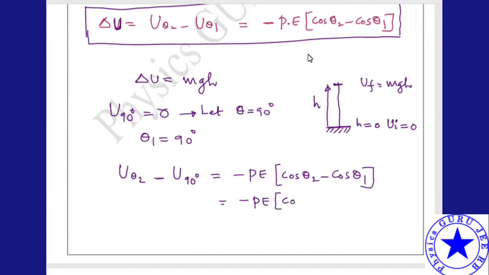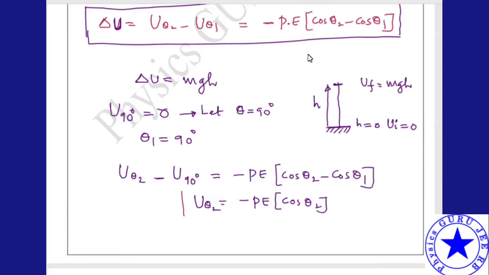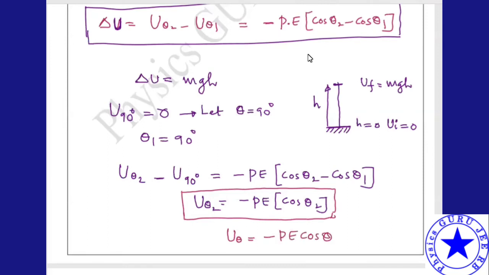So this is the potential at cos 90, which is assumed to be 0. Now the potential energy at a particular angle, or simply the potential energy when rotated through an angle theta, can be written as minus PE cos theta. This will be the answer for that question, right?